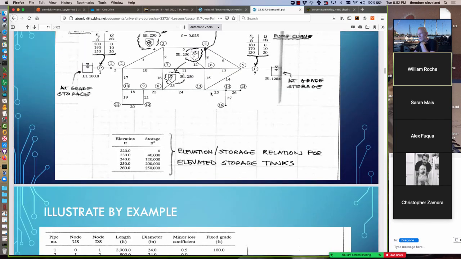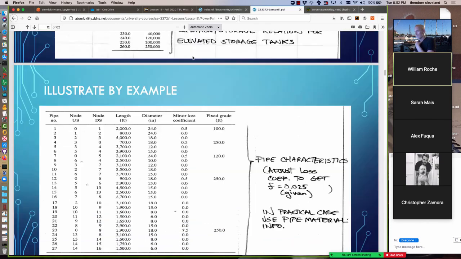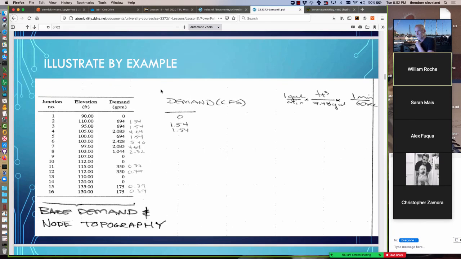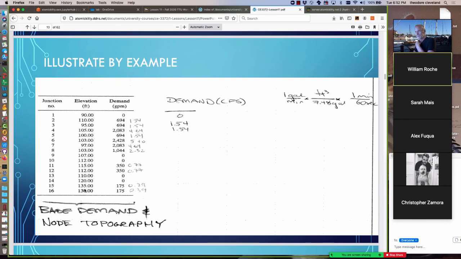But it's not too hard to conclude that with these tanks there, they're probably draining into the network because they're at elevation 250, and looking at the node elevations, they're at least 100 feet higher than the surrounding network elevation. So they're going to initially want to drain into the network.